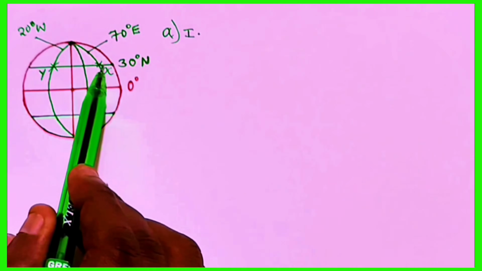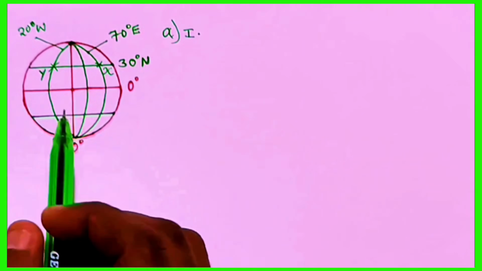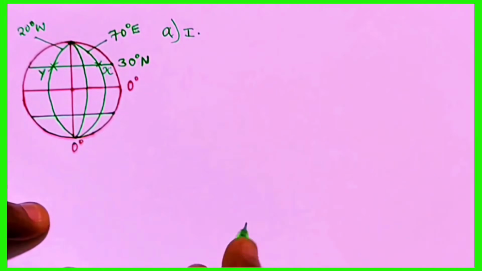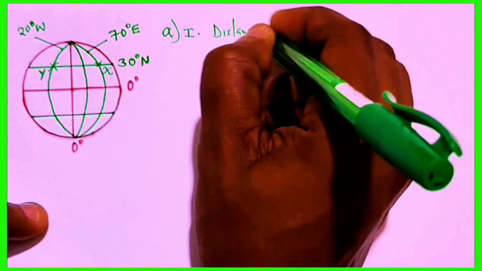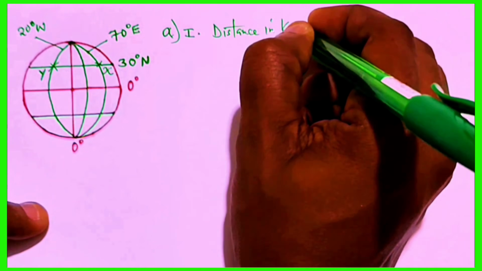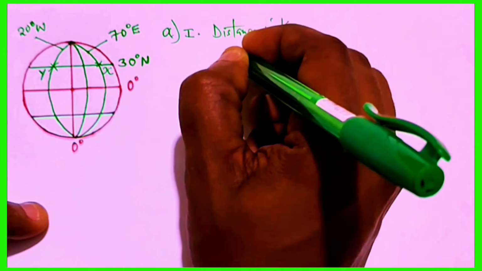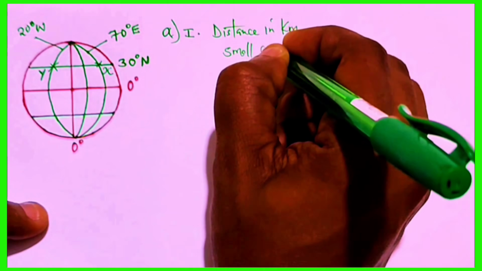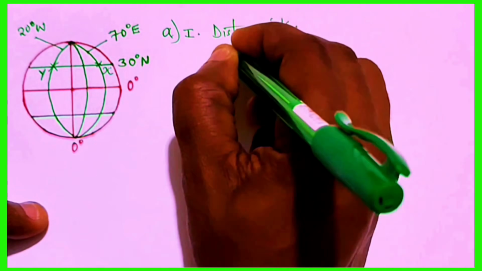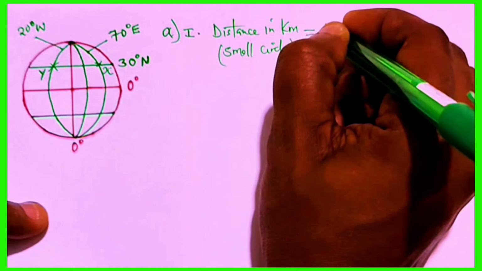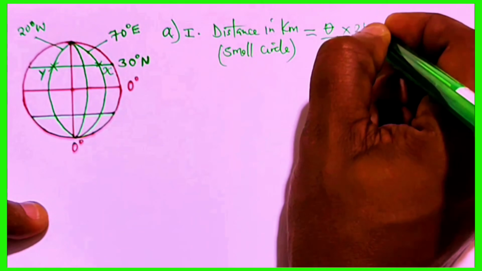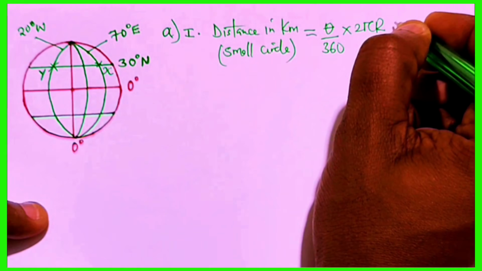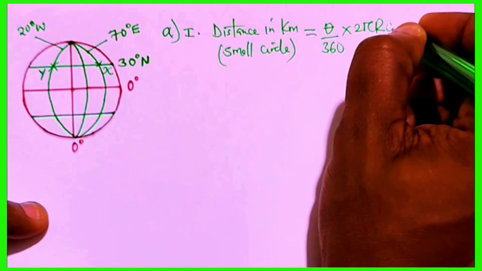This will be distance in kilometers along a small circle. So we are going to consider that formula, that distance in kilometers along a small circle will be equal to theta divided by 360 degrees, and then we multiply by 2 pi r cos beta.